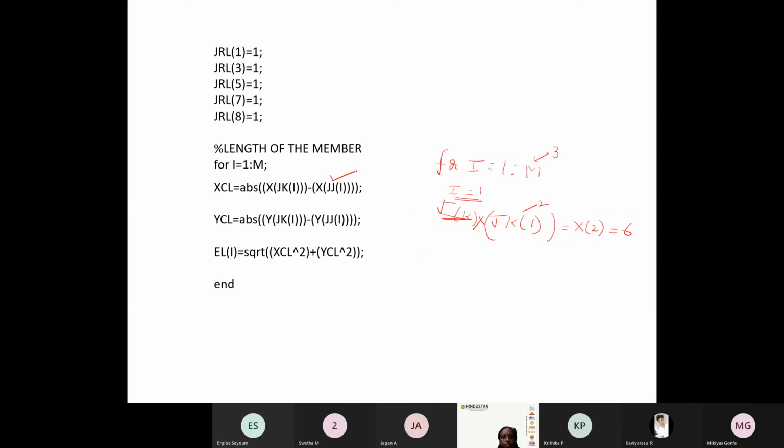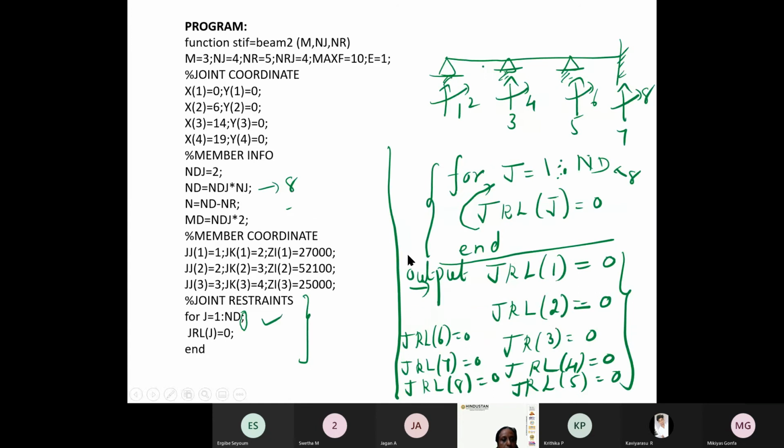Now I will move on to this step. x of j of 1 is equal to, what is j of 1? J of 1 is equal to 1. What is x of 1? X of 1 is equal to 0.